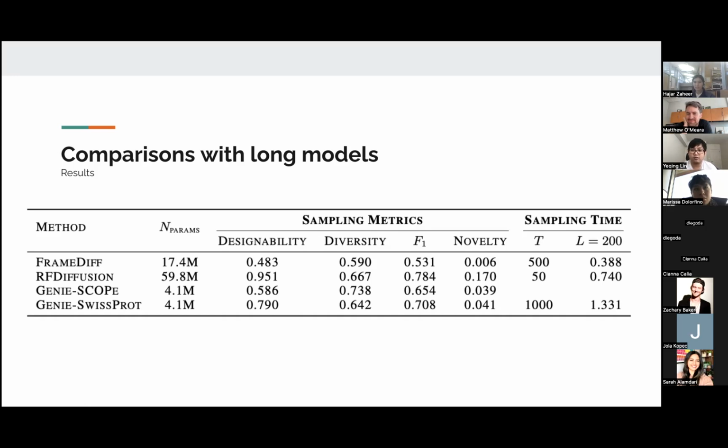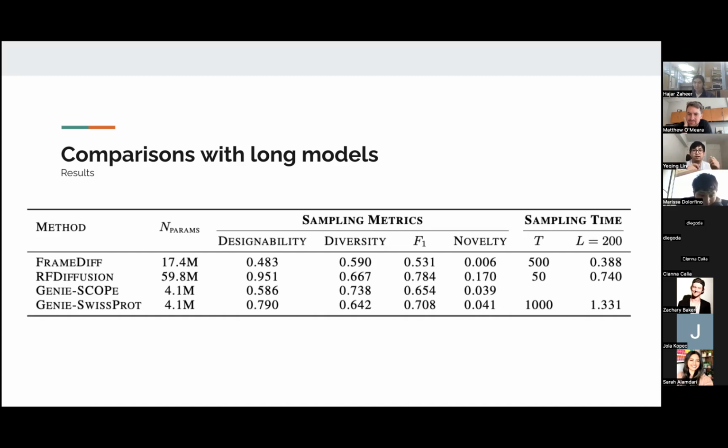So from what I observe, as you train longer, usually designability goes up, diversity goes down. I haven't checked the novelty part across time because it's much costlier to run those novelty assessments, since you compare to the whole data set. But that's the general trend there.